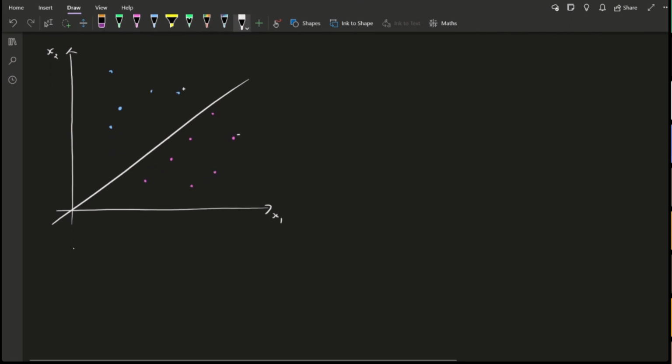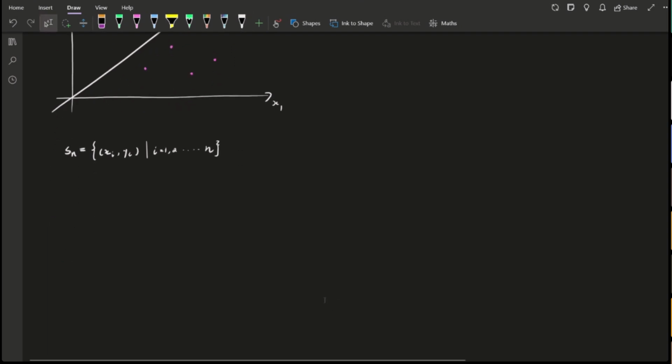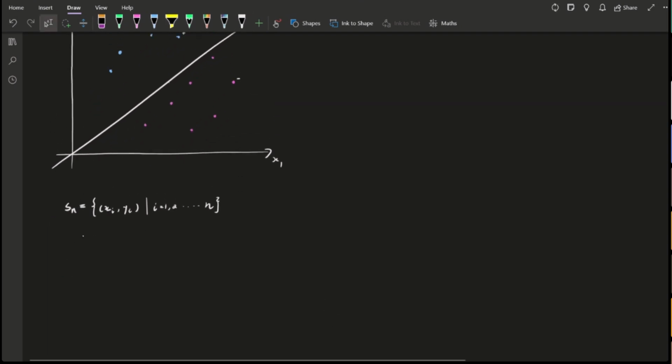And we can express this training set again mathematically. This is the same expression that you've seen for linear regression. For i from 1 to n, but the dataset itself, the xi and yi, will be declared slightly differently. Your yi is strictly a set of 1 or negative 1 in this case.